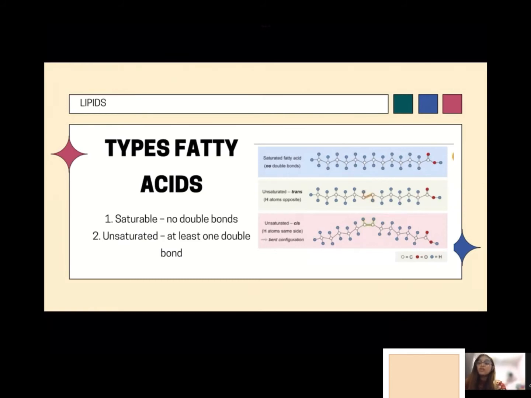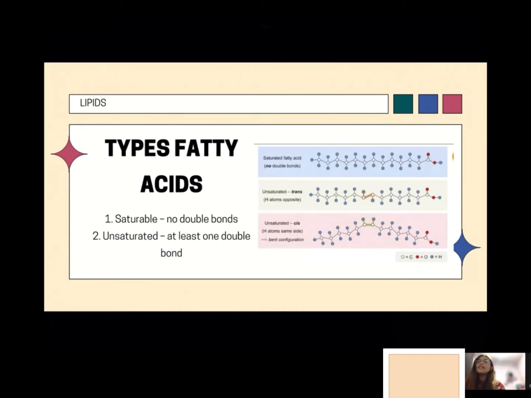Remember that trans and cis are only the position of the hydrogen. Trans means that the hydrogen atoms are on the opposite sides, while cis means that the hydrogen atoms are on the same side. So that is the difference between saturated and unsaturated fatty acids.